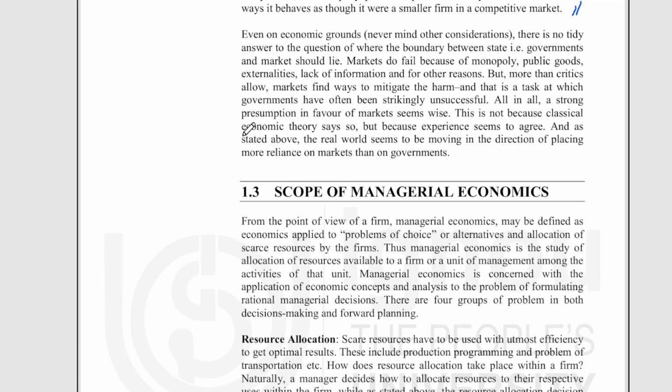All in all, a strong presumption in favor of markets seems wise. This is not because classical economic theory says so, but because experience seems to agree, and as stated above, the real world seems to be moving in the direction of placing more reliance on markets than on governments.